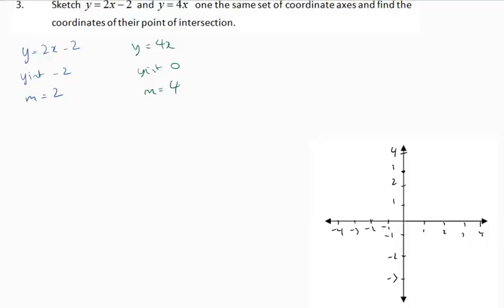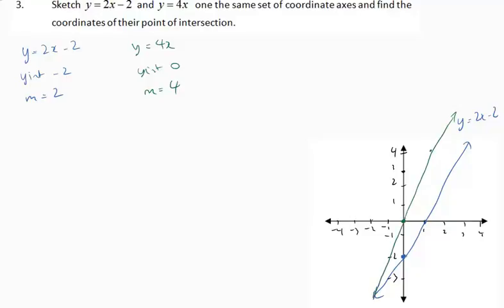So we can draw our lines on. Our y-intercept for our first one is at minus 2 and our gradient is 2. So we go across by 1, up by 2, and draw our line in. Y is equal to 2x minus 2. For our second line, y is equal to 4x. Our y-intercept is 0. We go across by 1 and up by 4 here.